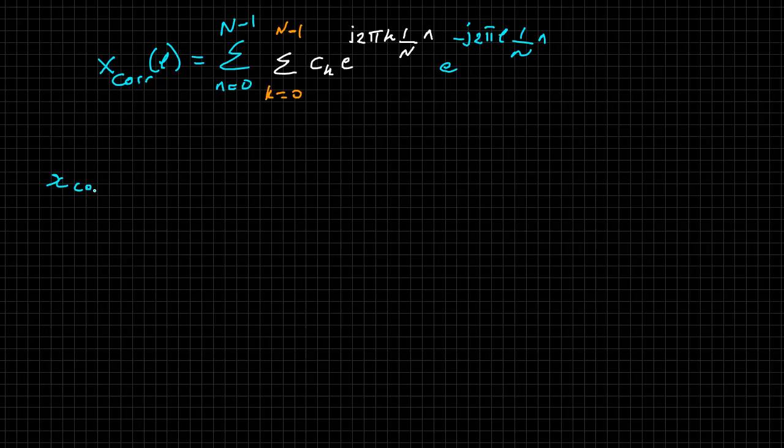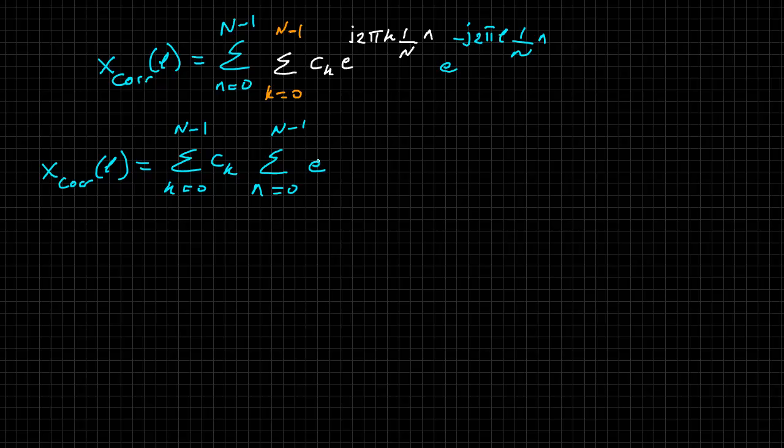So capital X car, which is a function of L, is going to equal, well, let's change the summation, put the summation over the harmonics outside, and put the weights outside as well, because they are just a function of the particular harmonic. And then we have the summation over the period, the fundamental period.